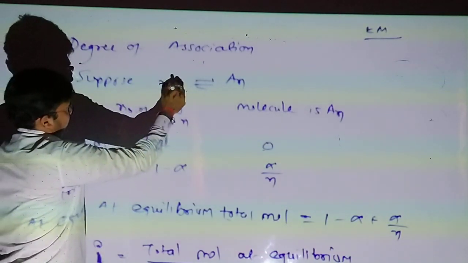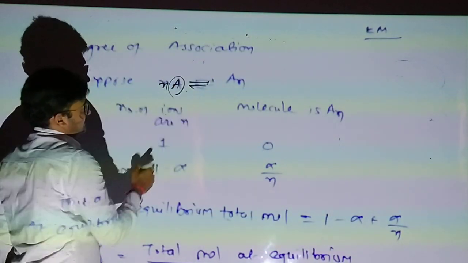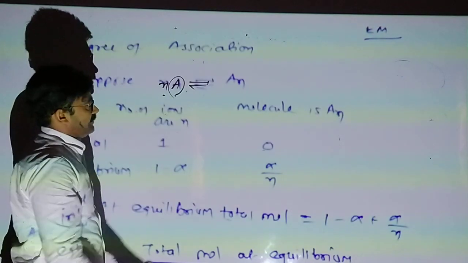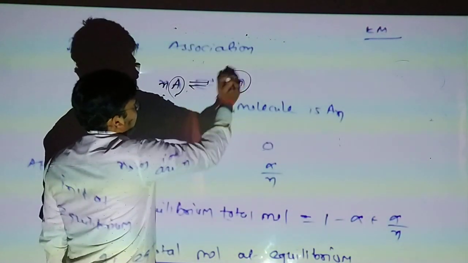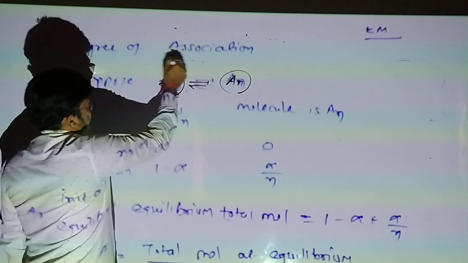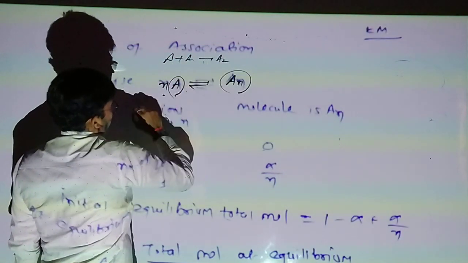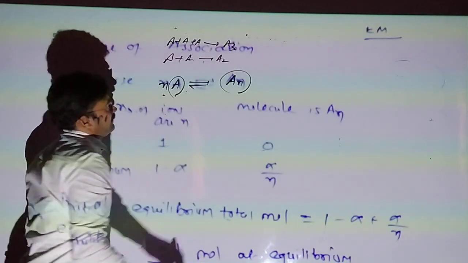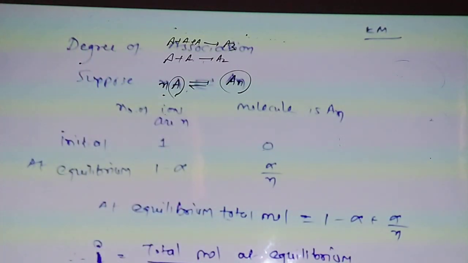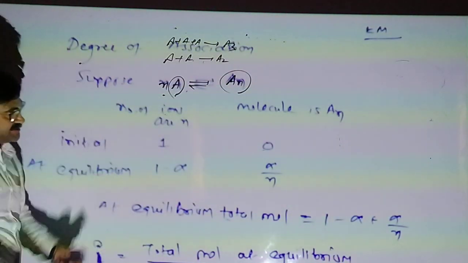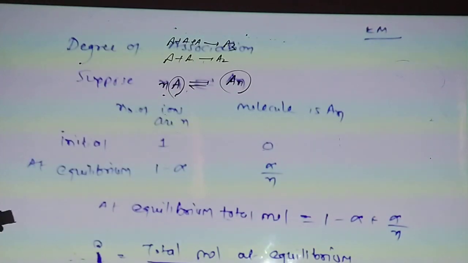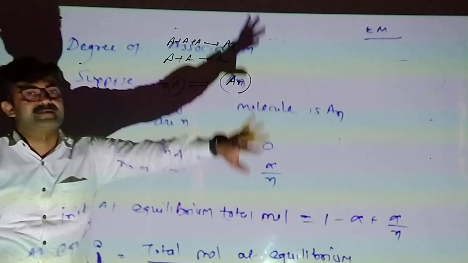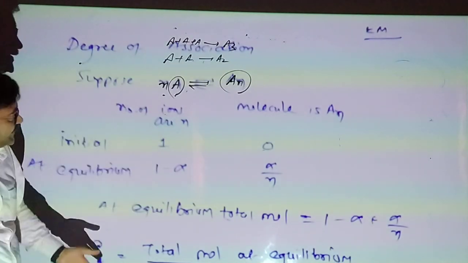Suppose A type of atoms are combining and it gives a molecule. Suppose 2 atom combine થાય તો A2 આપે, 3 combining હોય તો A3 આપે, 4 atom combining હોય તો A4 આપે. This is association. એટલે number of particles dissociation માં increase થાય, association માં decrease થાય.